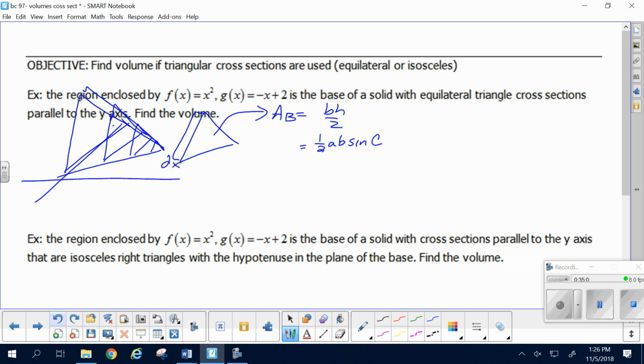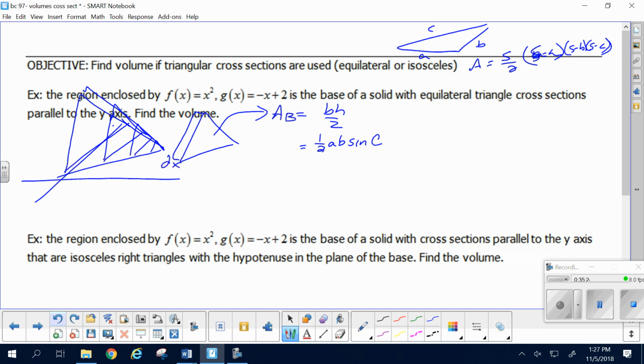Do any of you know Heron's formula? Oh, we did that. I don't remember what it is, though. Okay, if you have any old triangle with all 3 sides given, then Heron's formula uses the semi-perimeter, S times S minus A times S minus B times S minus C. That's not useful in this case.